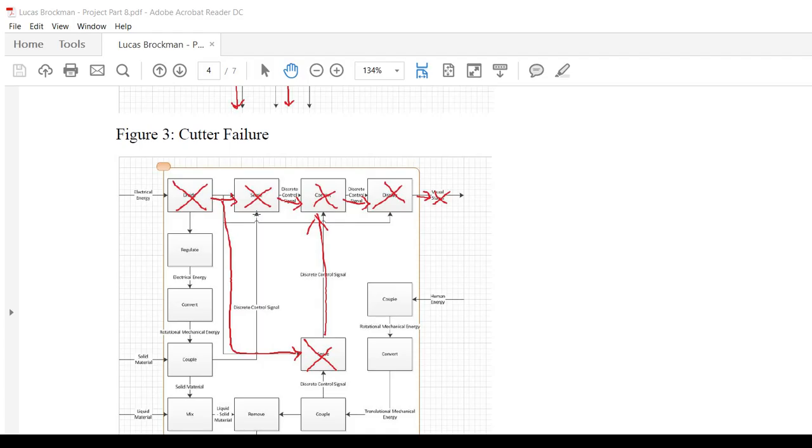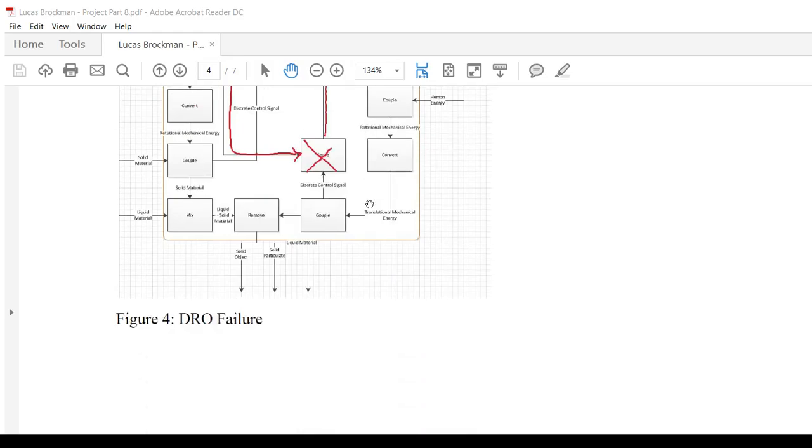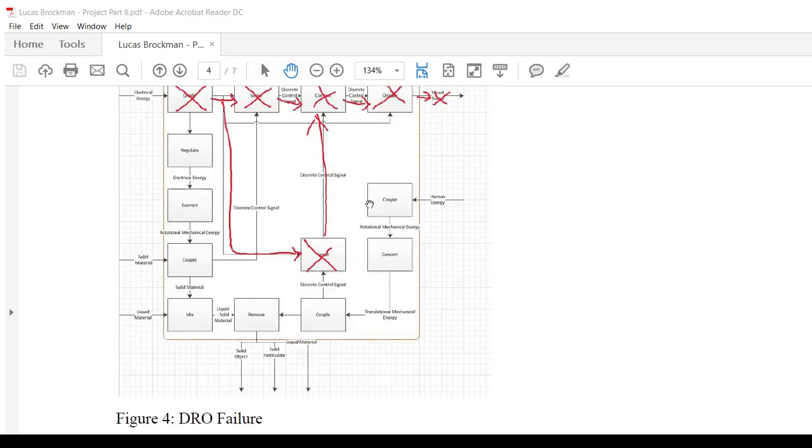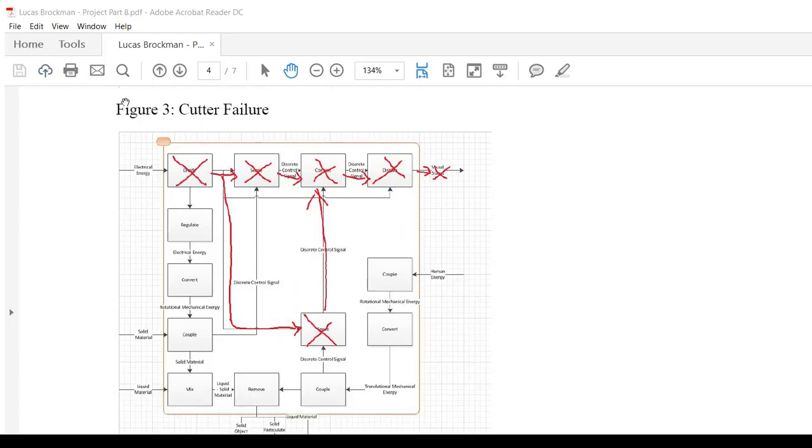And for my final detailed example, there's a few more, but I won't bore you to death. This would be a DRO failure. Basically, the divide section breaks. There's a broken fuse for the sensing system.